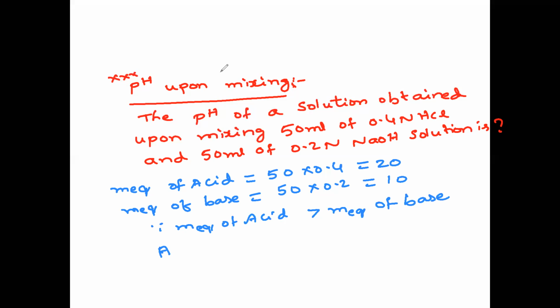the resultant solution is acidic. So the resultant concentration of H plus you can find out by subtracting these two.